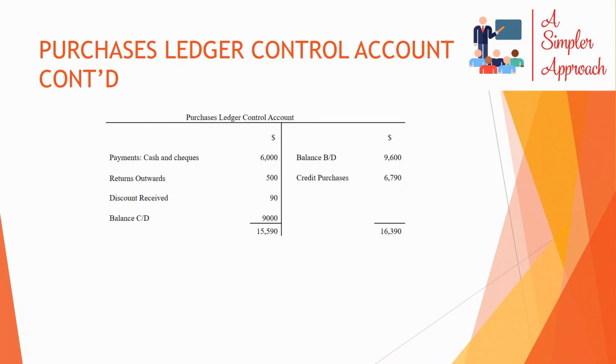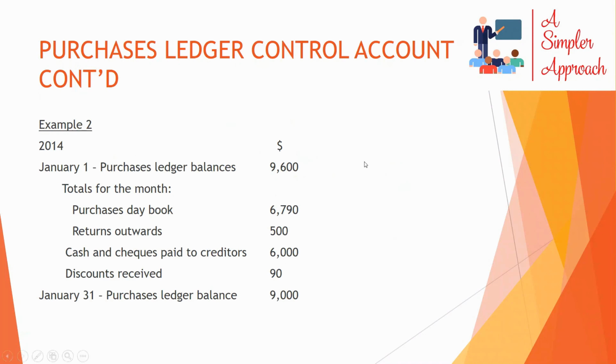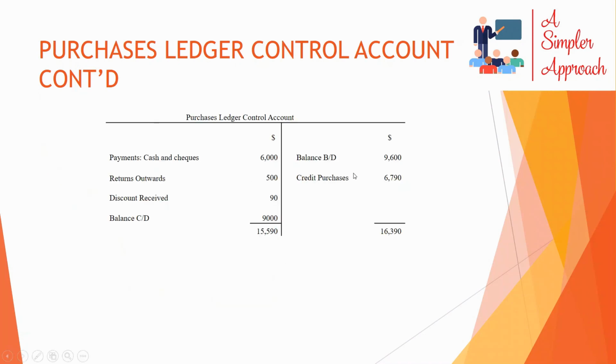Now, let us toggle between what we're seeing here and the example and break down what is happening. So, purchase ledger balances on the credit side, and this is on the credit side primarily because our creditors have credit balances. Their balance BD should primarily be on the credit side. Now, it is possible for our creditors to have debit balances, and that situation is a case where we would have overpaid our balances to our creditors and would therefore mean that they now owe us.